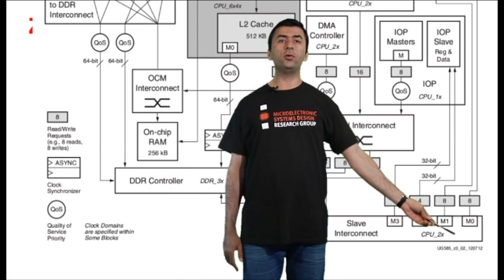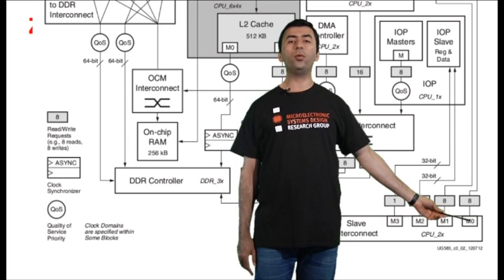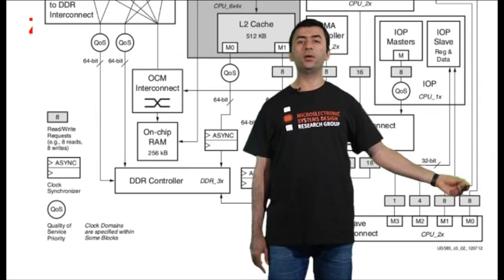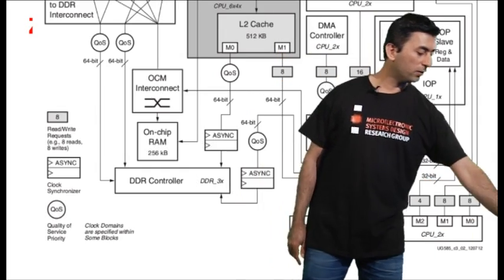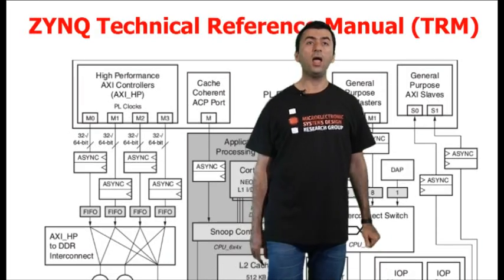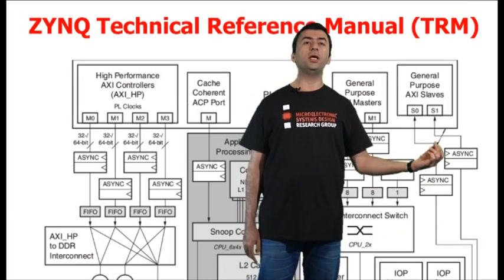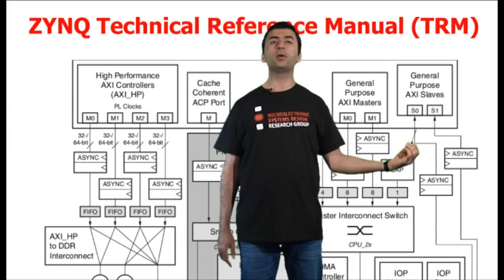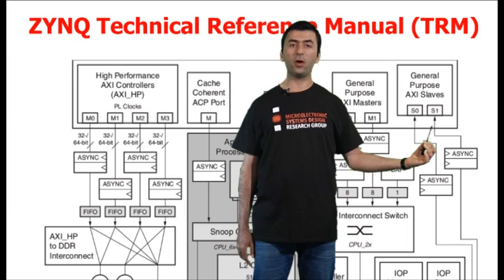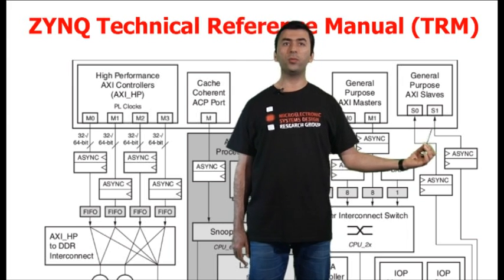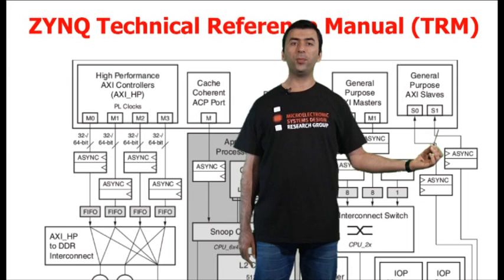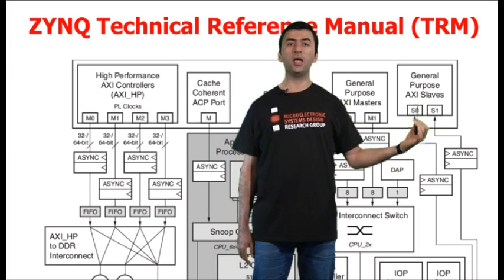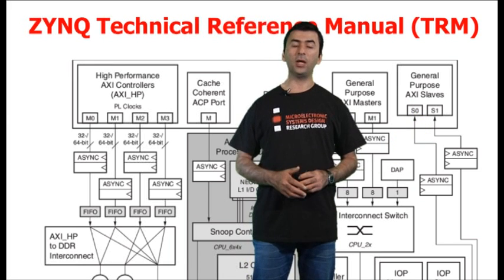Finally, if I follow the M0 and M1 ports, I will see that they reach these two interfaces, which are practically the GP0 and GP1 ports of the PS. These two AXI master ports can be connected to the AXI slaves that I will implement on the ZYNQ PL.